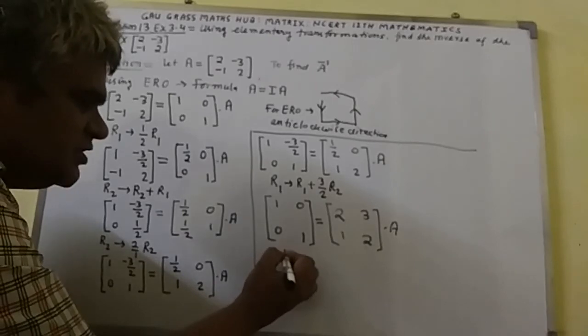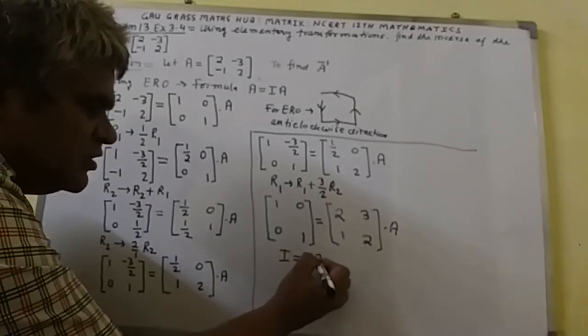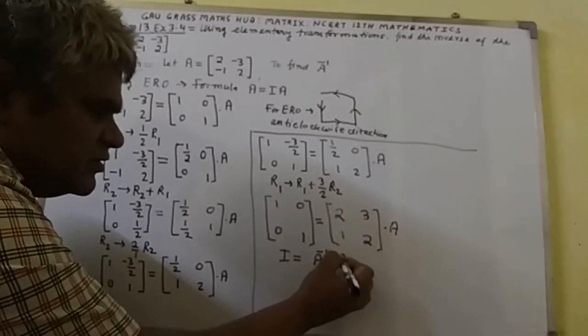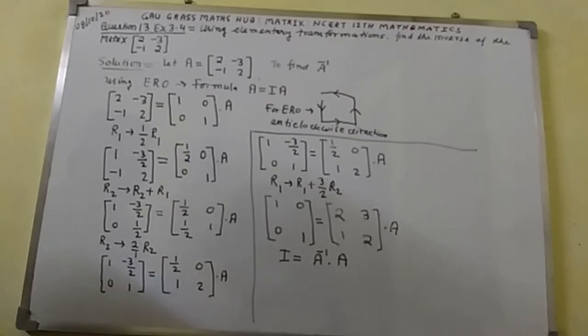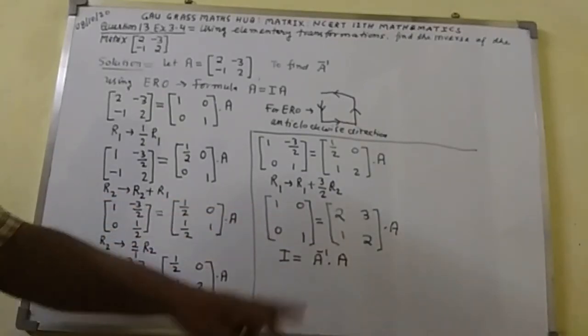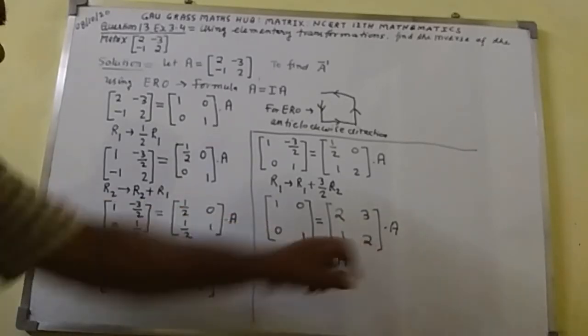So this identity matrix equals A inverse dot A. This is the identity matrix equal to the value of A inverse you have got here, dot A.